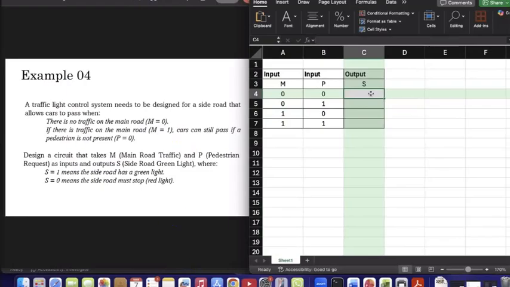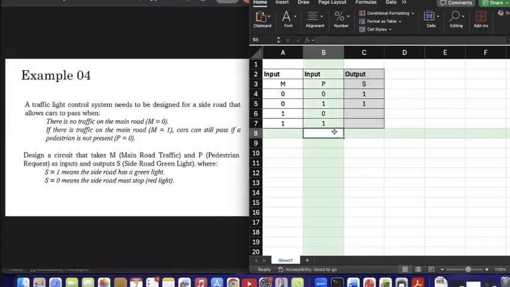Because they have given here, if there is no traffic on the main road, 1. And again, there is a rule here. There is no traffic on the main road means definitely the cars can pass. So what is this value again? 1. Whenever M is equal to 0, it is going to be 1.